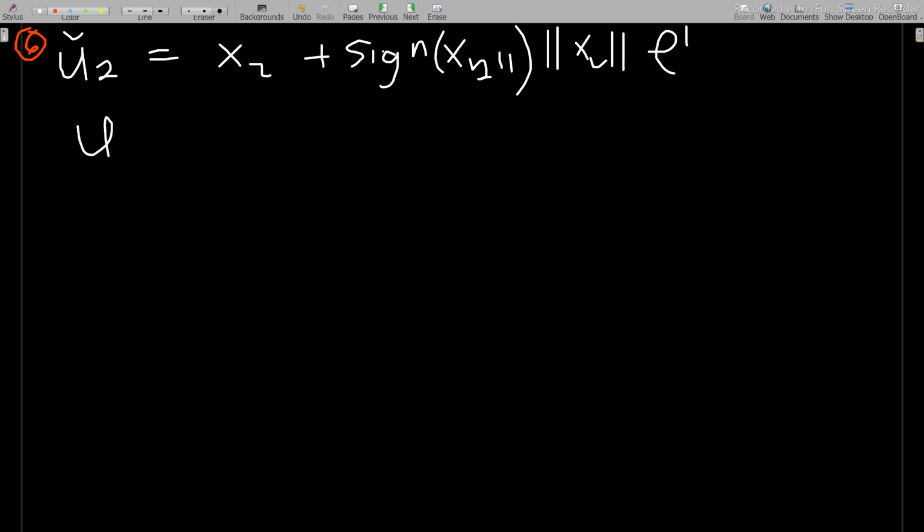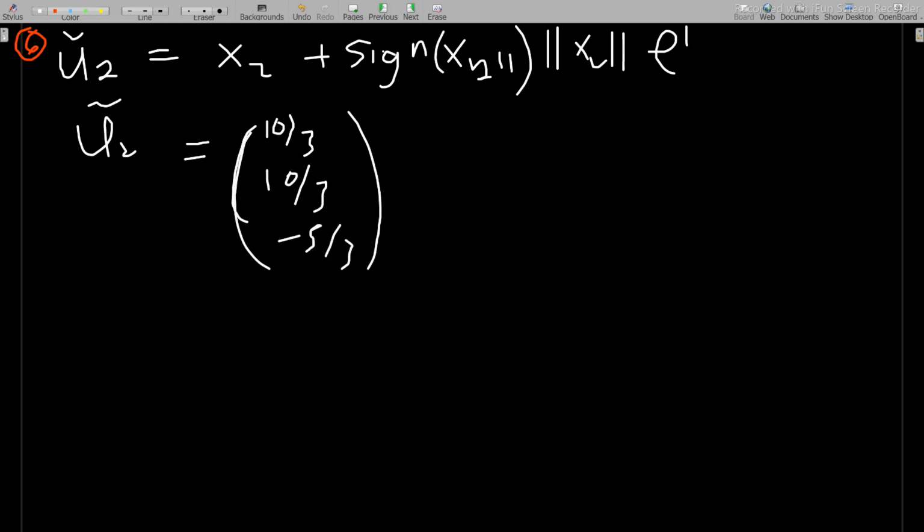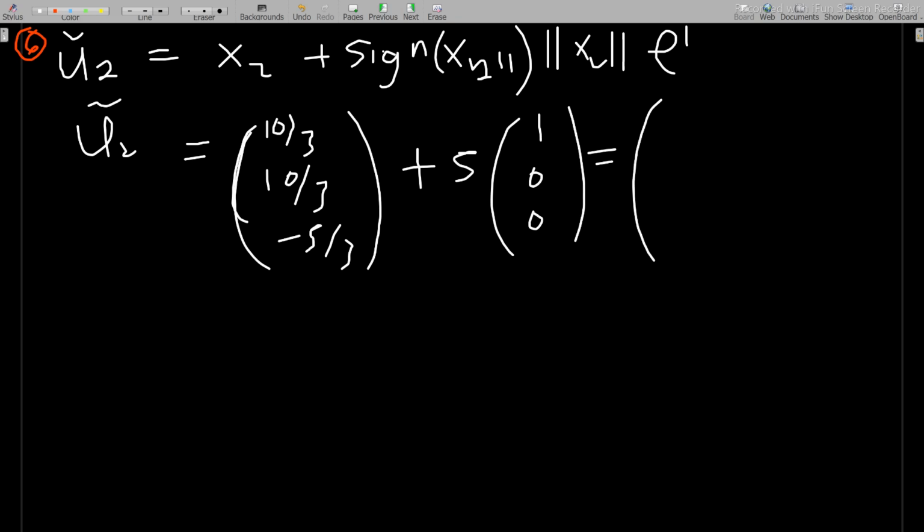So u2 tilde will then be equal to x2, which is 10 over 3, minus 5 over 3, then plus the modulus, we had 5, the sign is positive, times the first column of the 3 by 3 identity, and this will give me 25 over 3, 10 over 3. Like I said, this is very tedious work, so you have to use a calculator to solve it.